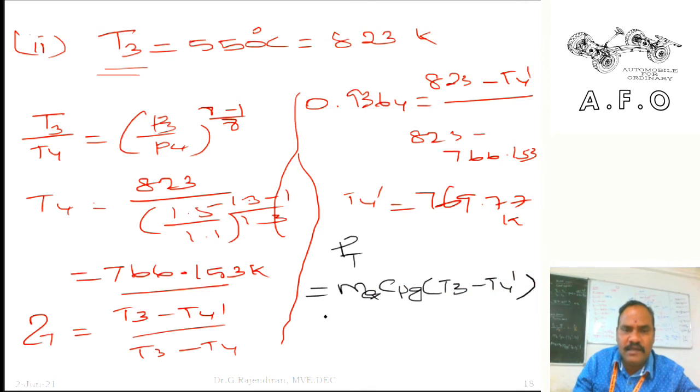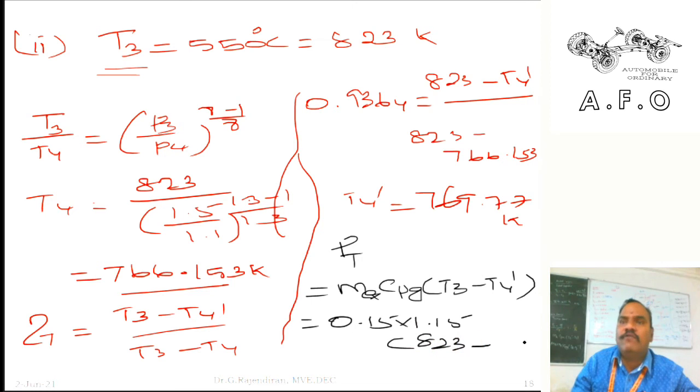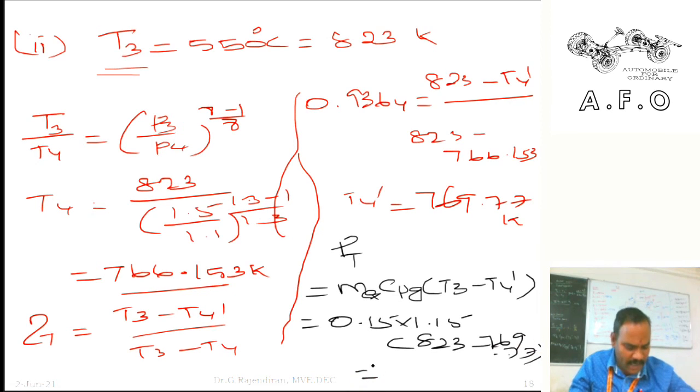Now power output of the turbine is mass of the exhaust into Cp of the gas into (T3 minus T4 dash), which is mass of the exhaust 0.15, Cp of the gas 1.15, T3 is equal to 823, T4 dash equal to 769.77. So you can get power output is 9.182 kilowatt.